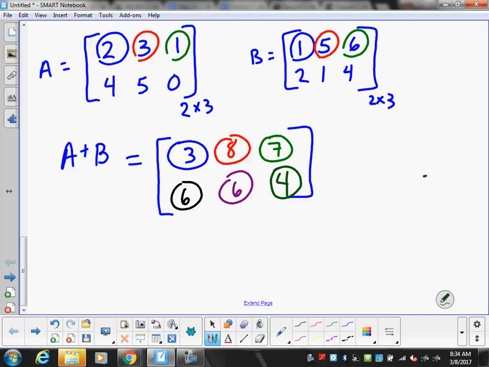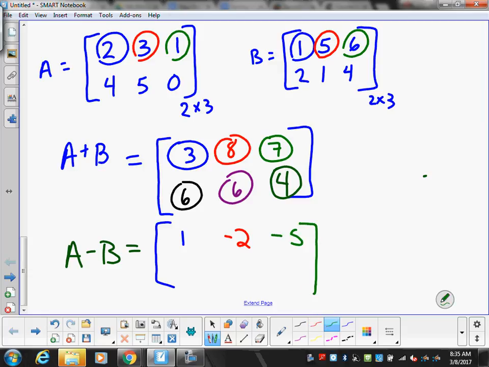If it said A minus B, you would have the exact same thing, except for instead of 3, it'd be 2 minus 1, which would be 1. Instead of 8, it'd be 3 minus 5, which would be negative 2. Okay. So A minus B in this case, 2 minus 1 would be 1. 3 minus 5 would be negative 2. 1 minus 6 would be negative 5.